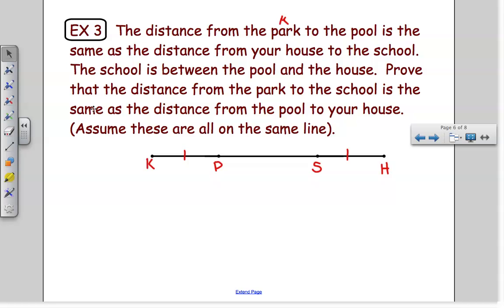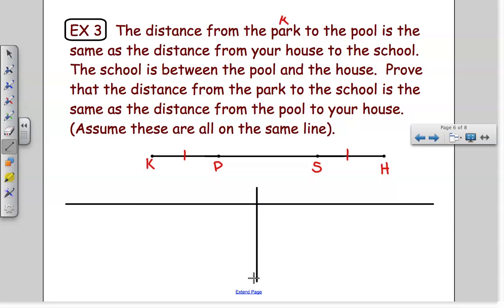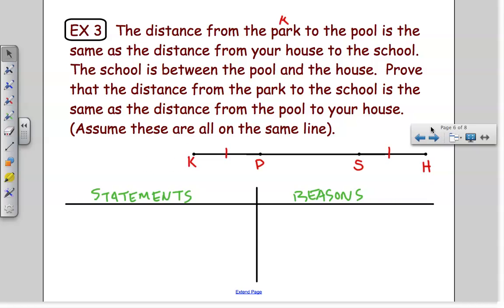Alrighty. So I'm going to set up my 2-column proof, identify my given and prove, and we're good to go. So statements and reasons. Setting up my formal 2-column proof. I'm going to identify my given real quick and my prove.